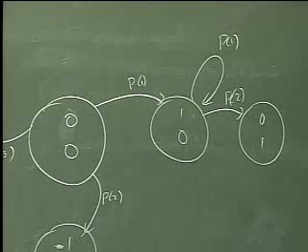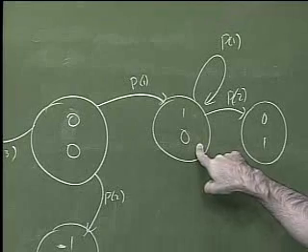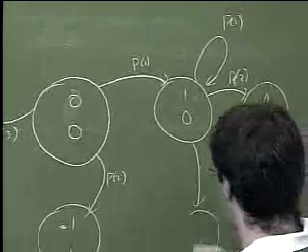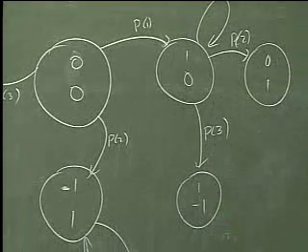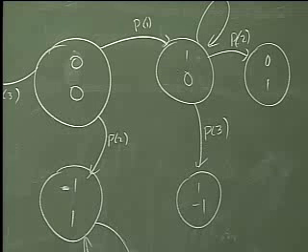If I process a packet from flow 3 when I'm in this state, I go to 1, -1.